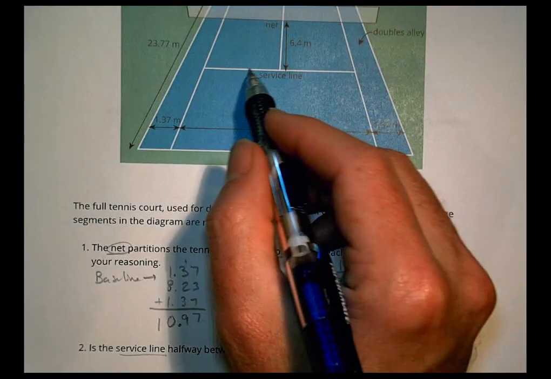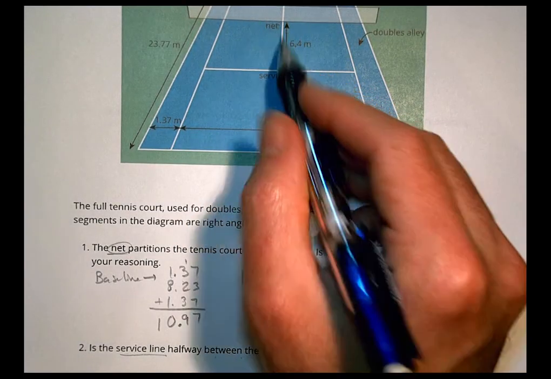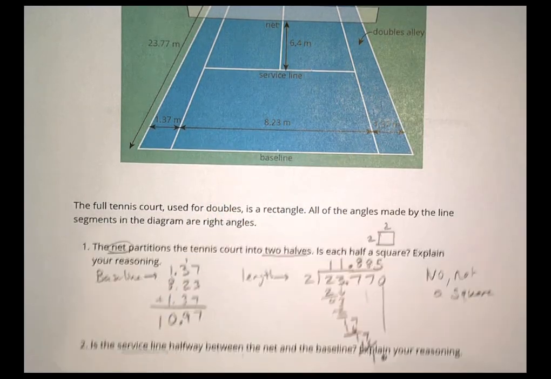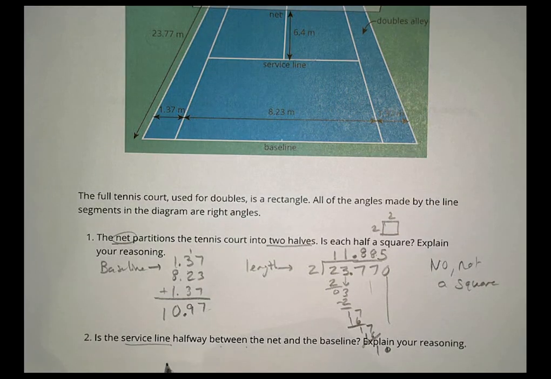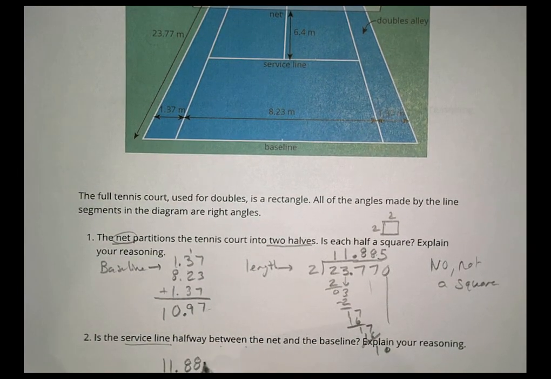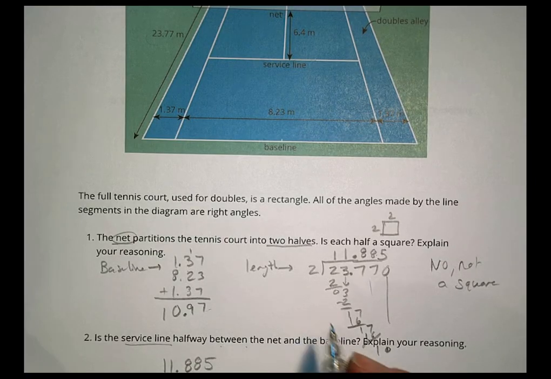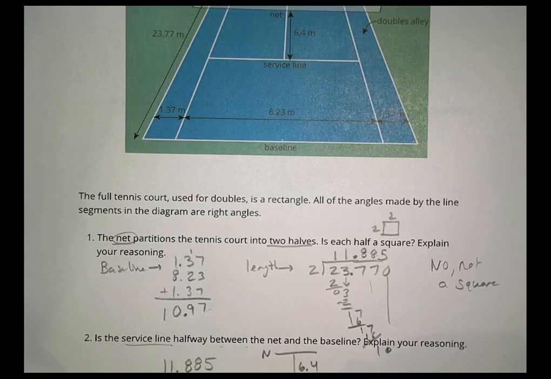So is this halfway between here and here? Okay. So we know that the whole length from the net to the baseline is 11.885. It tells us the service line is already from the net, here's the net, right, to the service line is already 6.4, and the baseline is here.